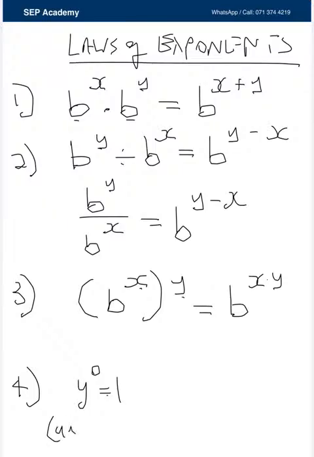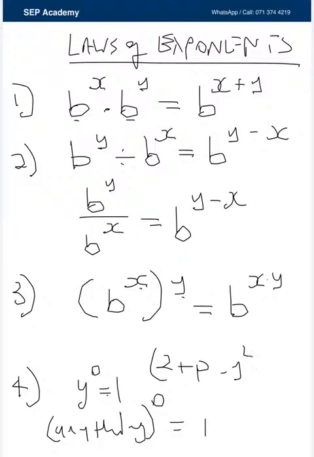It doesn't matter what it is, anything raised to the power of 0 equals 1. So it doesn't really matter whether you have 2 plus p, maybe minus y squared, the whole of that, as long as it's raised to the power of 0, it is equivalent to 1. That's all that you need to be aware of. Very much important on that one.